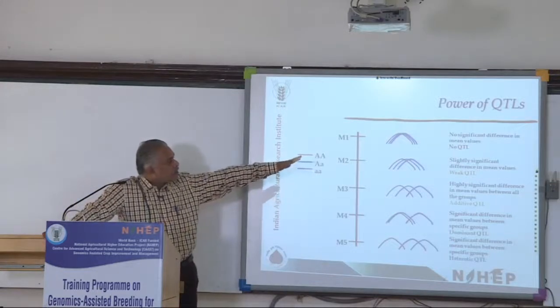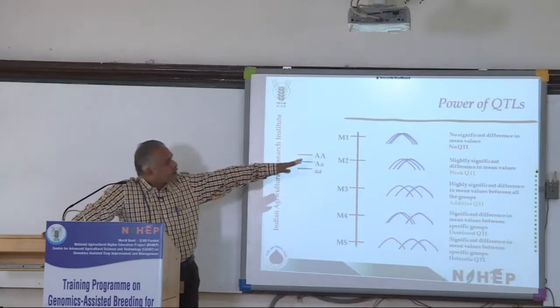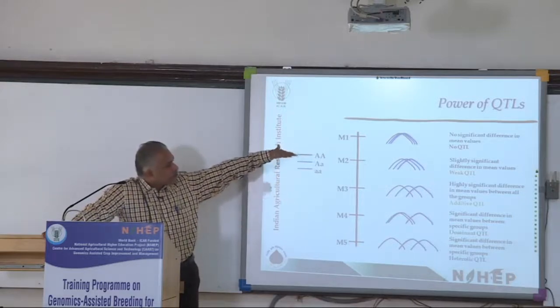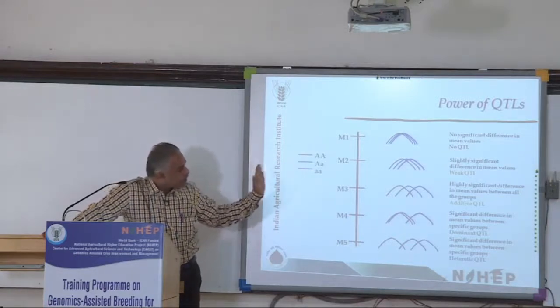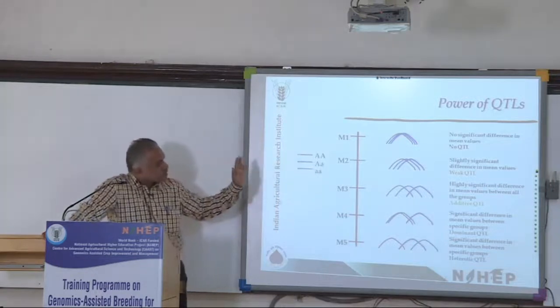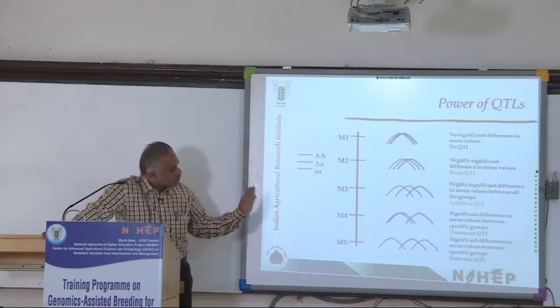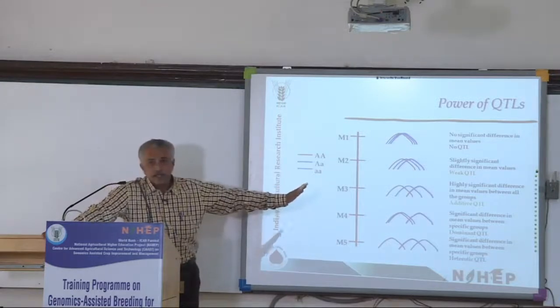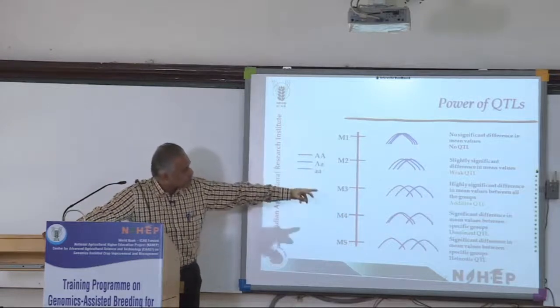When there is no variation, we call it no significant difference. If they vary between these three classes, then we call it slight variation, VQTL. If AA is exactly in between these two, we call it an additive QTL.